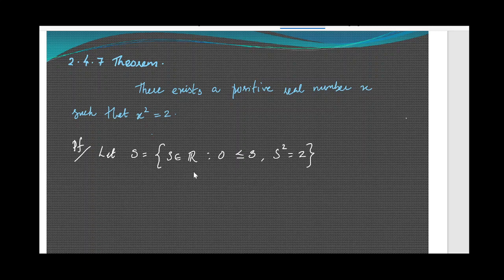S belongs to R such that 0 less than or equal to S, capital S, such that 0 less than or equal to S and S square equal to 2.